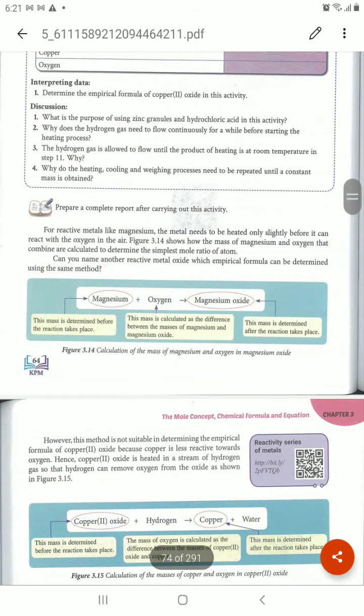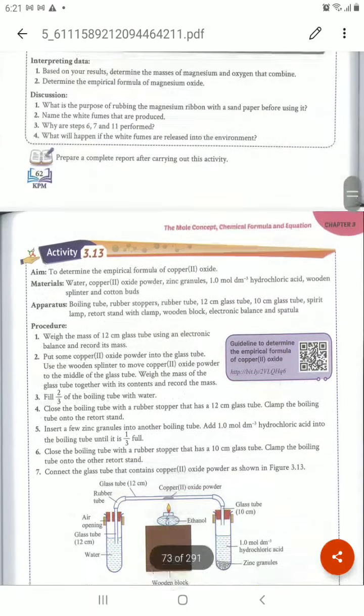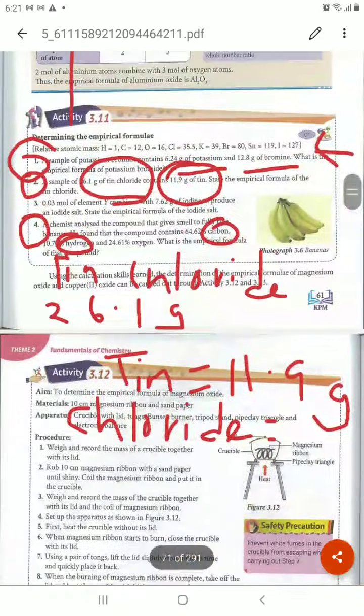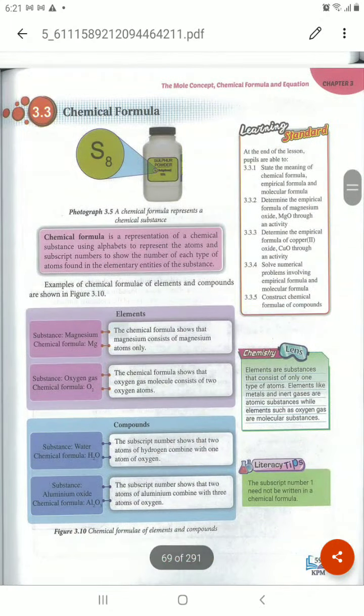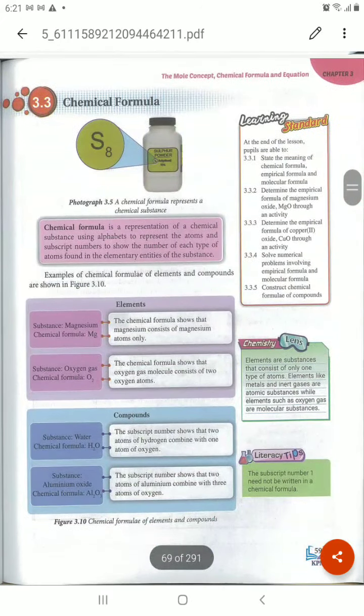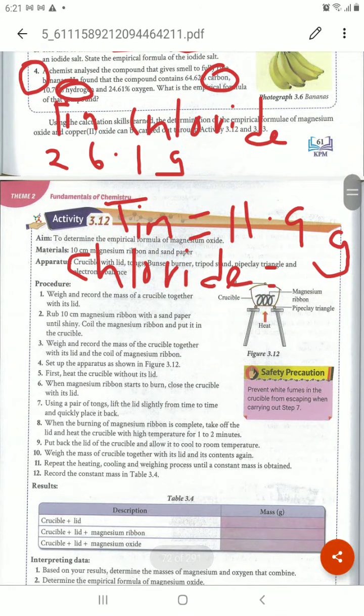Exercise pula tak ada ya. Okay, tak apalah.